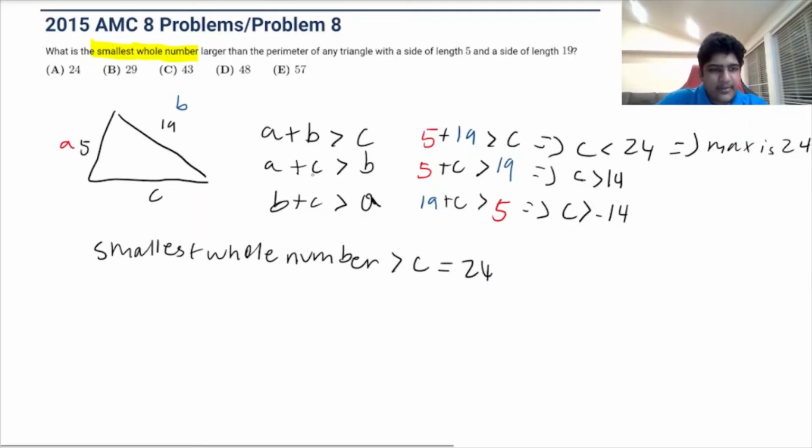But we need to look back at the question. Even though 24 is an answer choice, we need to remember that we're trying to find the smallest whole number larger than the perimeter of any triangle.